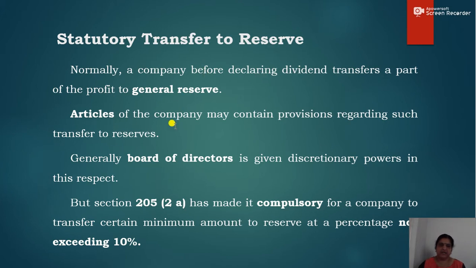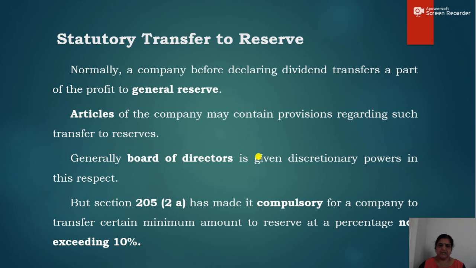Now the articles of association of the company may contain provisions regarding such transfer to reserves. Then generally the board of directors is given discretionary powers in this respect, that is, regarding the transfer to reserve.